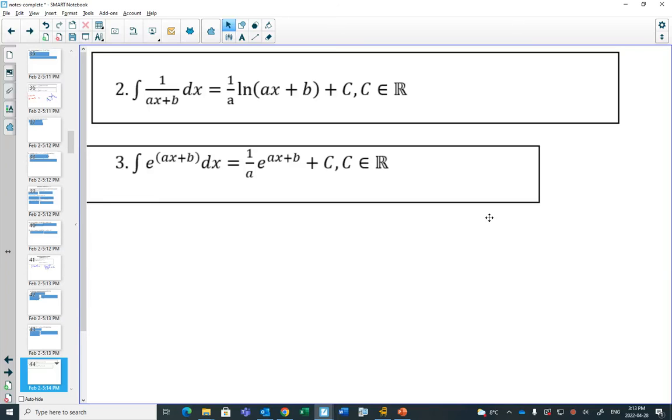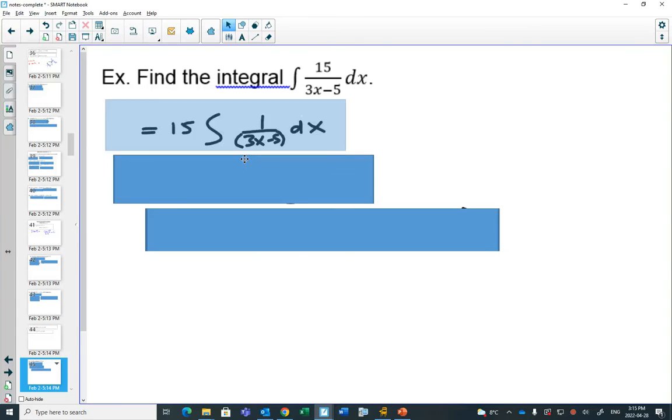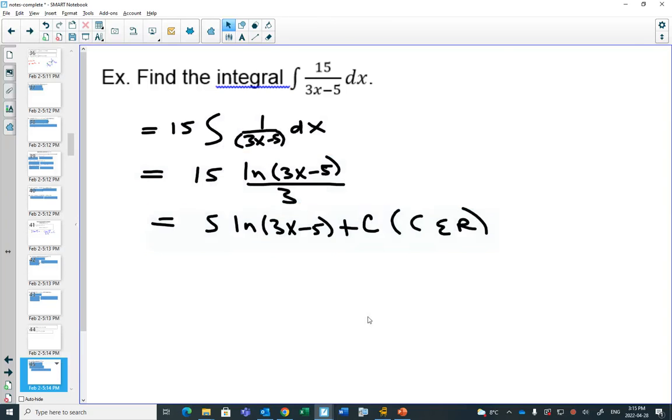So again, you do the derivatives as per normal, but then you also have to divide by a because you're undoing the chain rule. Here, I'll put up the answer to the first one.